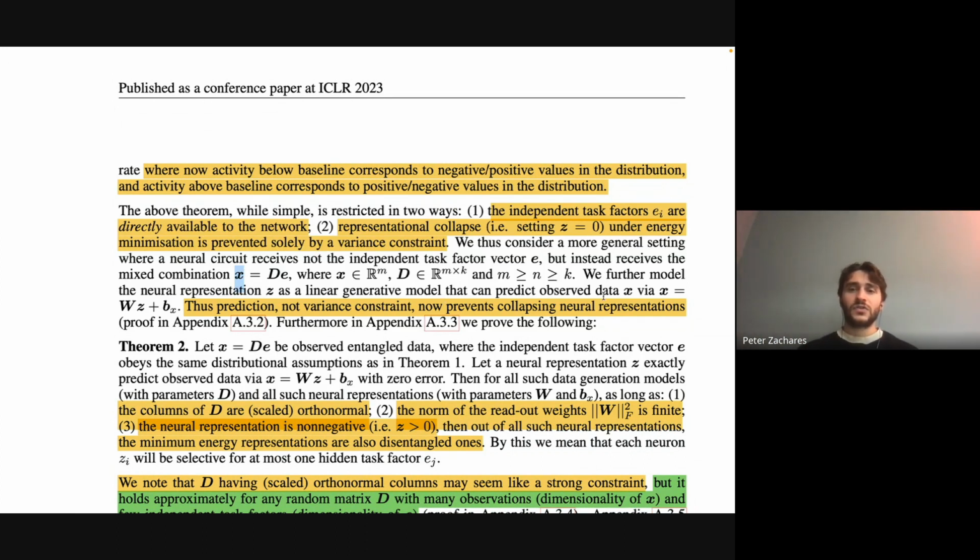So now you're not directly observing the independent task factors, the things that allow you to complete the task, which is a lot more realistic as a formulation, because we can almost never directly observe the things we want to accomplish a task with a mathematical model.